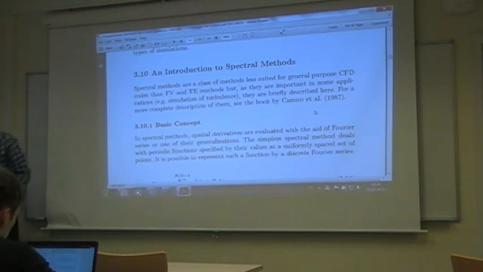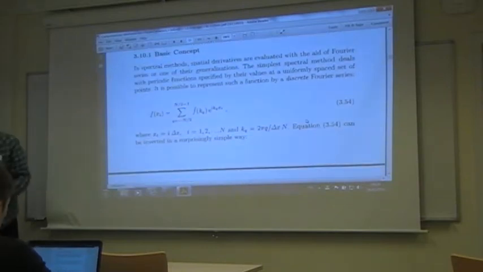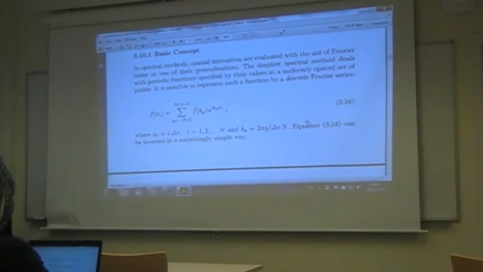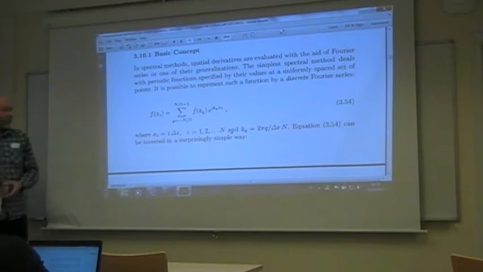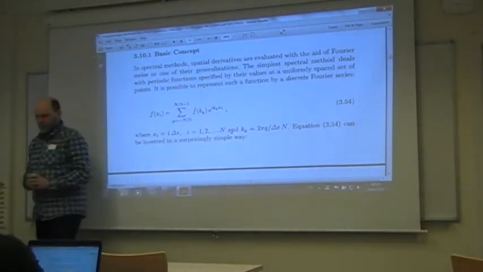Spectral methods are quite new actually, but not that much used yet. So you say you can represent any function here as a discrete Fourier series, and now it's just a question of how many points you need to describe it well. So it's a little dangerous with spectral methods.